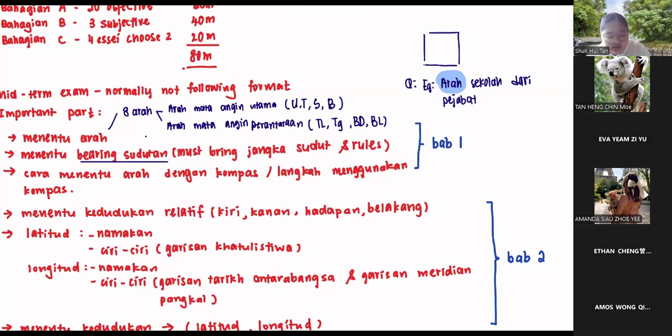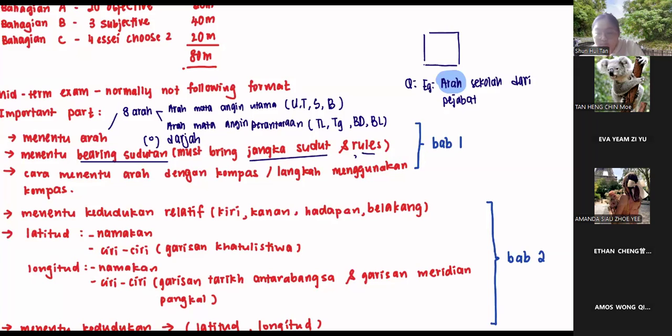Instead of it, we're using degrees, darjah. 1 degree, 2 degree, 3 degree. So for your first term exam, make sure you bring your jangka sudut. The reason why I write a ruler here is because sometimes the distance that you measure is a bit far. So to improve the accuracy, you bring a ruler.